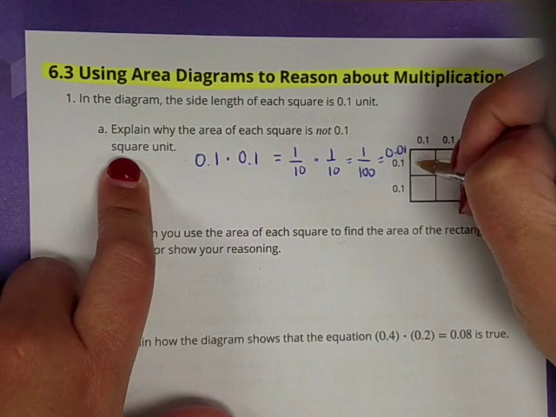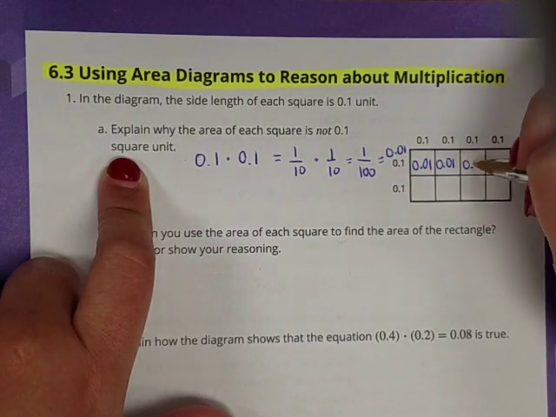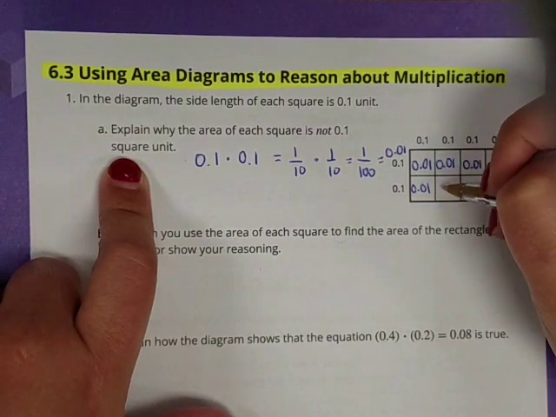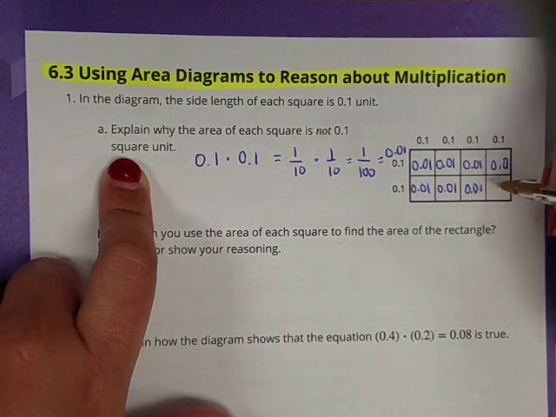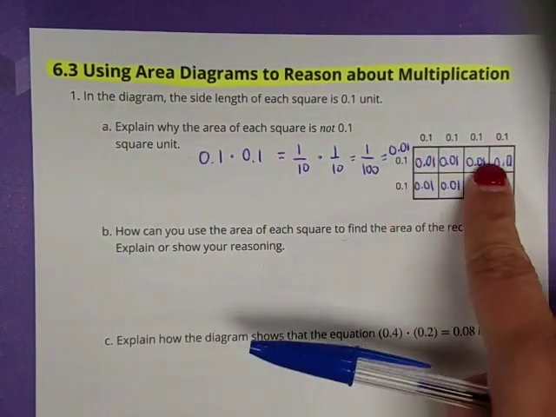So I know that this times this is 0.01, and so is this one, and so is this one, and so is this one. All of them are 1/100th. And then if I want to find the area of this whole thing, I can just add all these together.